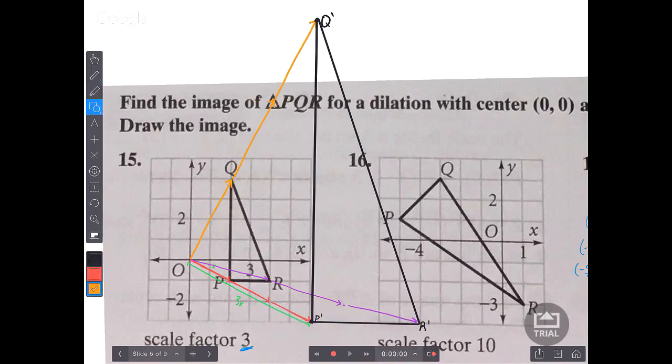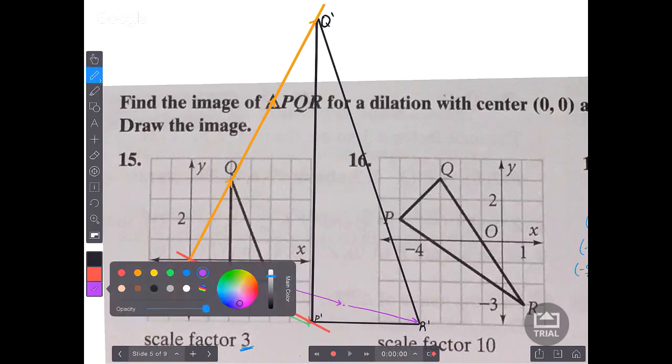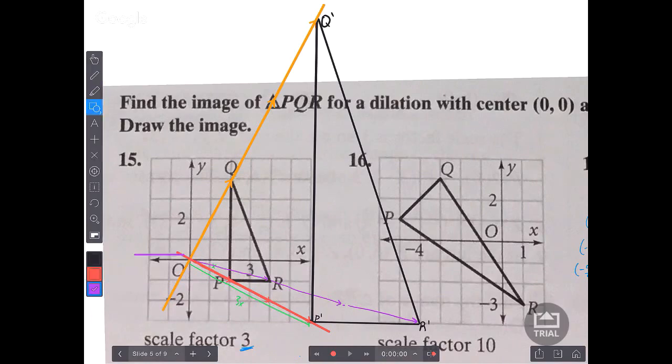So if I draw this line, you can see this line between Q prime to Q crosses the center of dilation, and this line from P prime to P crosses the center of dilation, and this line from R prime to R also crosses the center of dilation.